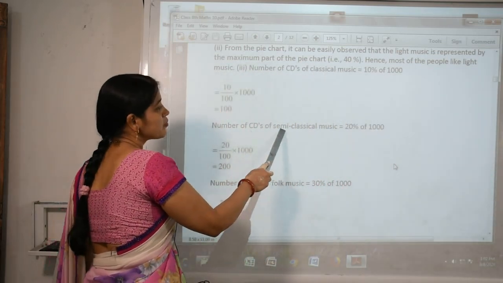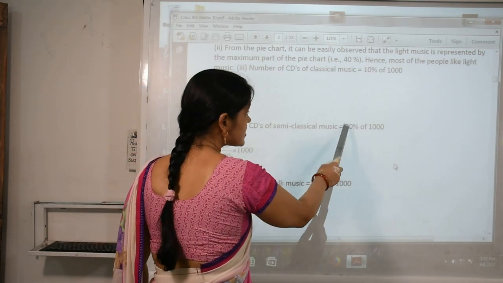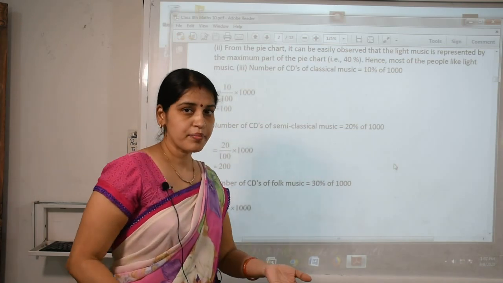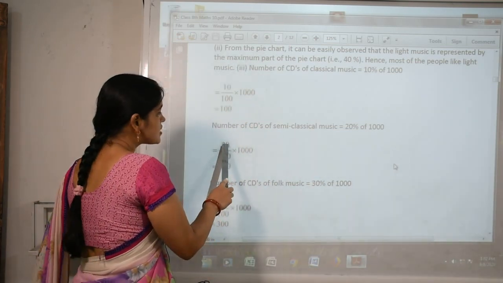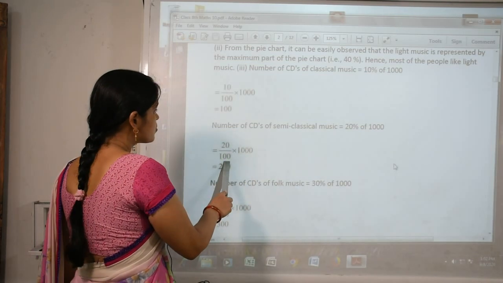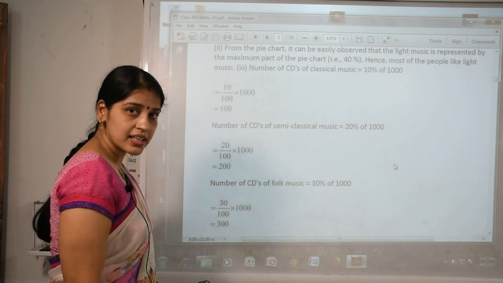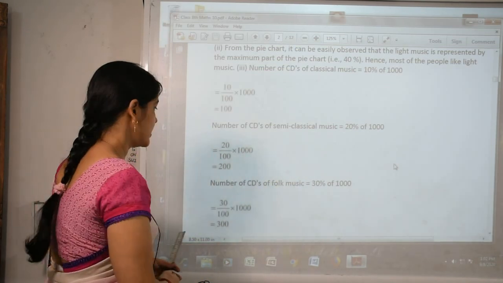Now we find number of CDs of semi-classical music which is 20%. So same process, 20% of 1000. That means 20 upon 100 into 1000. So this 20 and this 20 get cut. So 20 into 10 it is 200.